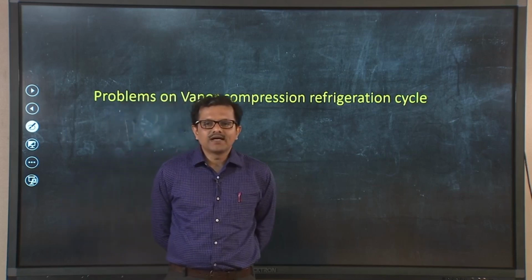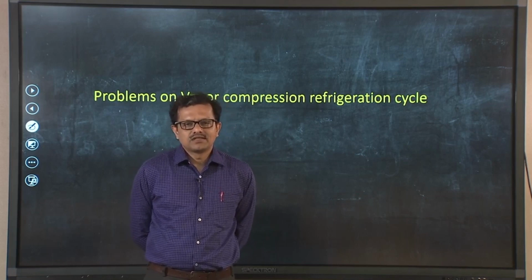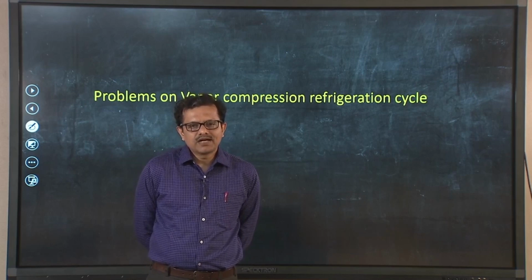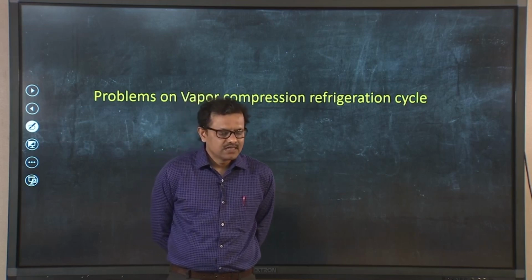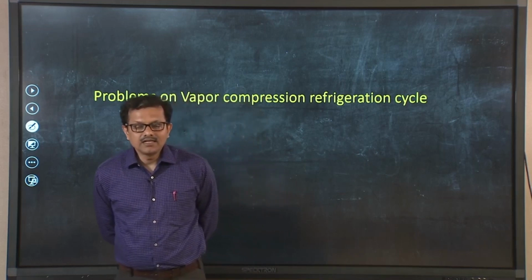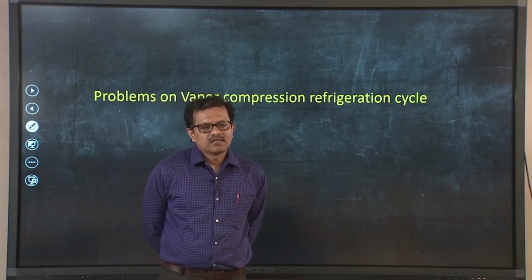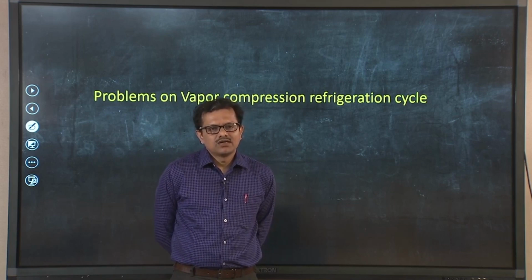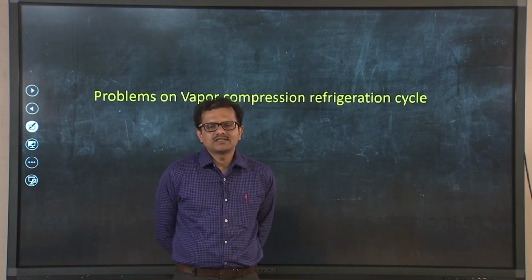Then we have also identified the role of several components, I should say mechanical components pertinent to the vapor compression refrigeration cycle, and identifying all those components we had mapped several processes occurring in different components both in TS and pH diagram.